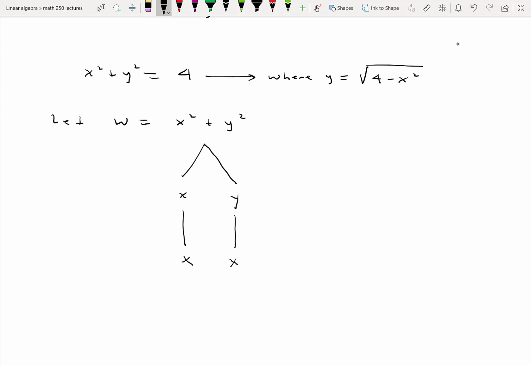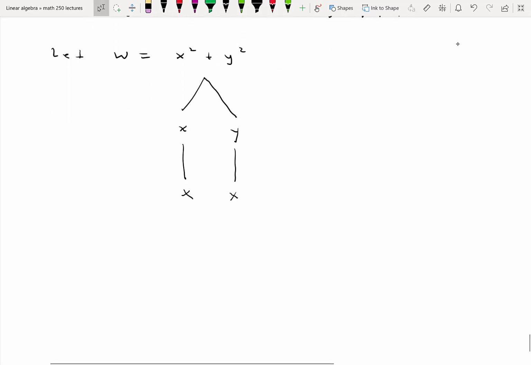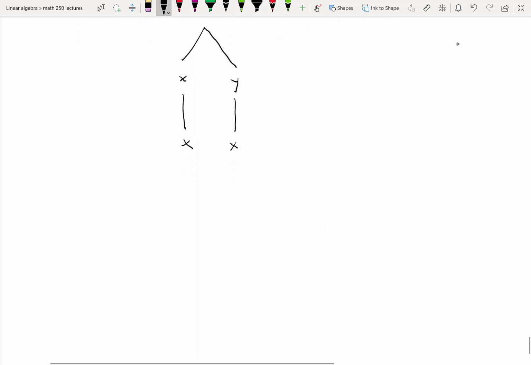But I'm going to isolate one function. If I solve for y, I would have y as a function of x. So this new function w still equals 4. But w is a function of x and y, and each of x and y are both functions of x. x is a function of itself. It's just itself. And y is a function of x. Okay, I'm assuming that I can solve for y.